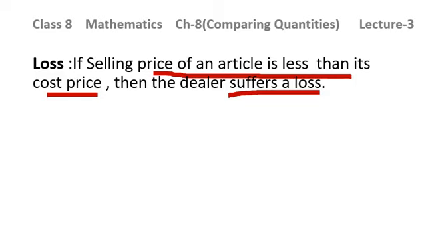In this case cost price was 200, you have paid more for that article, but you are getting 180 rupees. So in this case selling price, that is 180, is less than the cost price, which is 200, so the dealer suffers a loss, or you will be having a loss of rupees 20.